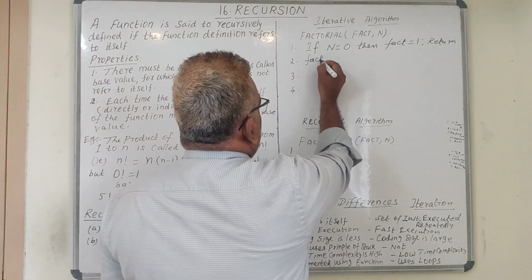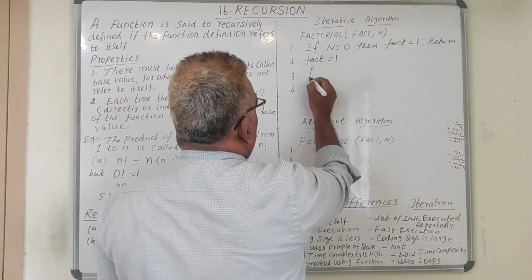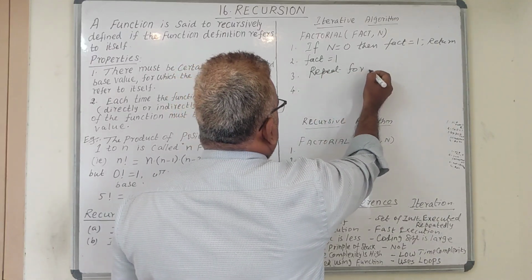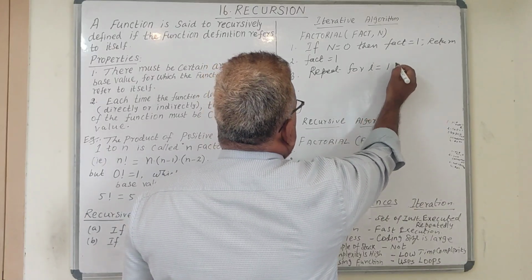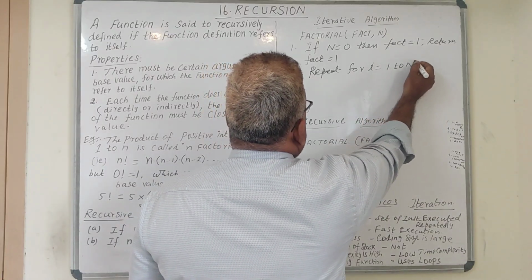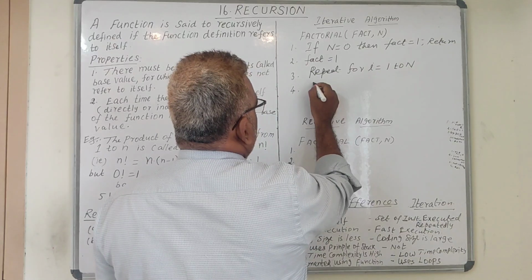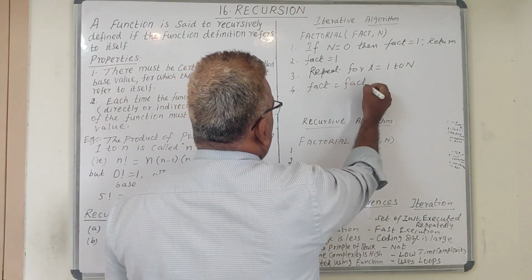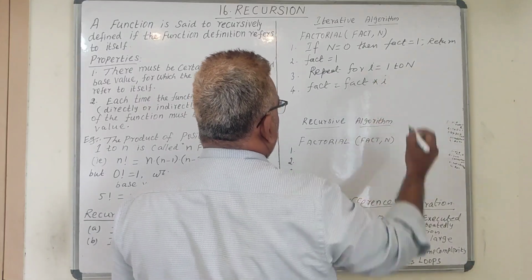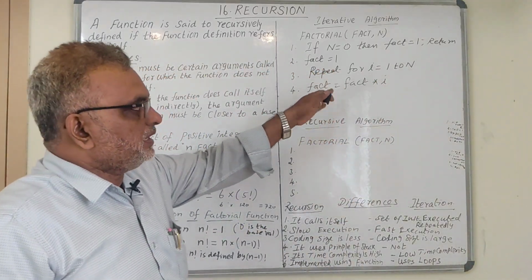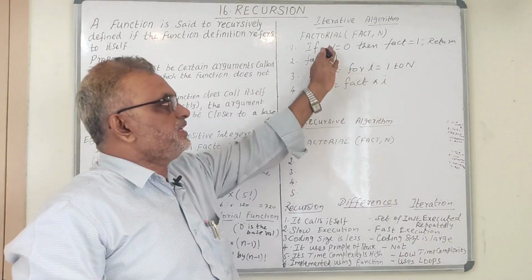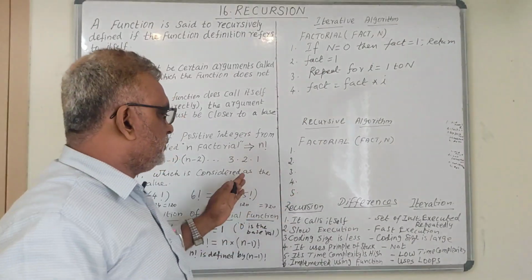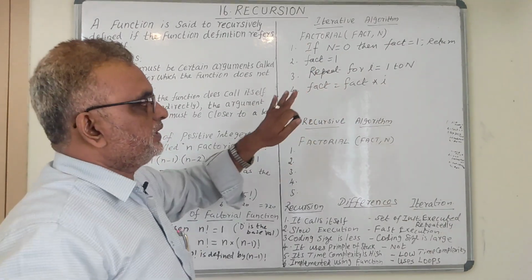Otherwise, initialize factorial equal to 1. Repeat for I equal to 1 to n. Here we are doing the calculation: factorial is equal to factorial into I. So if n is equal to 0, just print the base value, fact is equal to 1, and return.